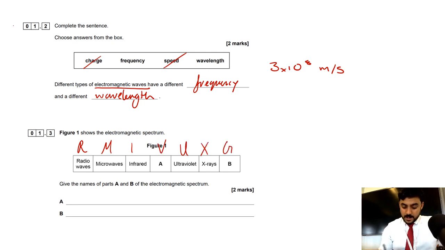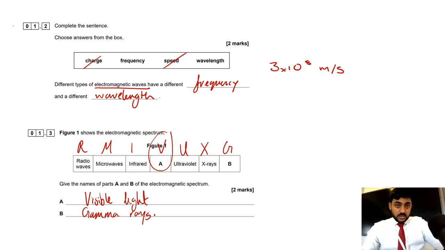So I'm just writing the first letter of each electromagnetic wave. V stands for visible light, and G stands for gamma rays. Obviously, learning the mnemonic is not enough. You have to remember what the electromagnetic spectrum is.